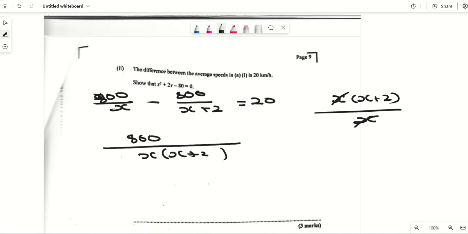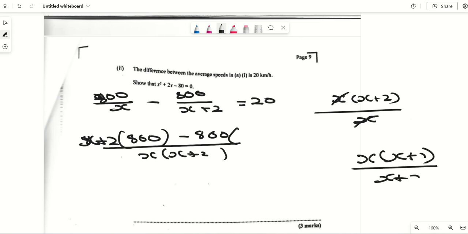800 by x plus 2. Then we have minus 800 by, how many times can x by x plus 2 go into x plus 2? 1. So this is going to be x. And this is equals to 20.